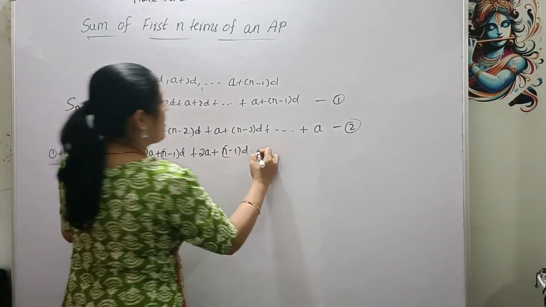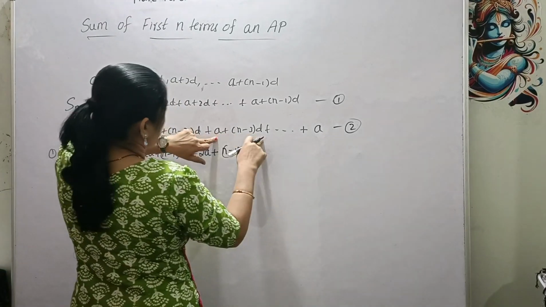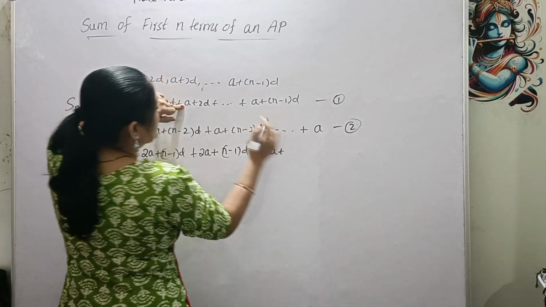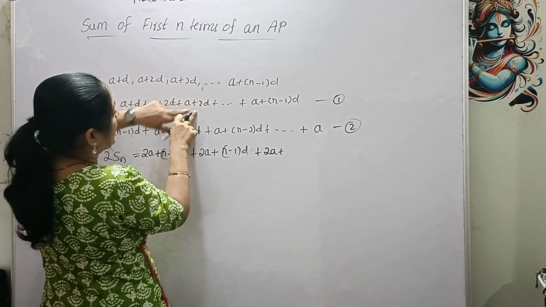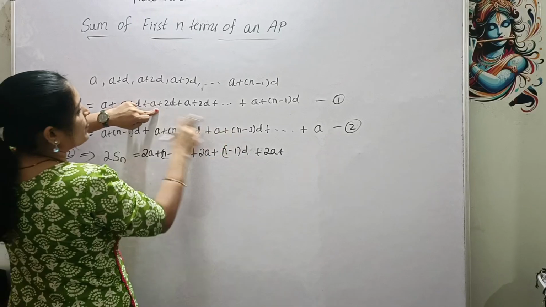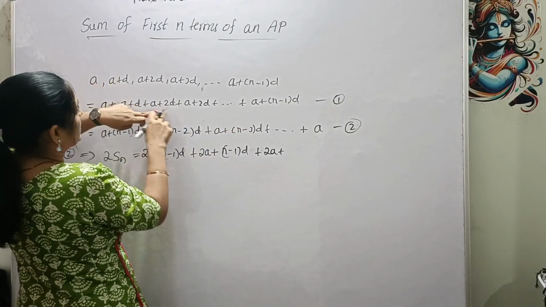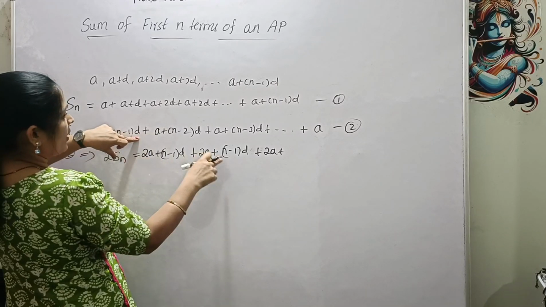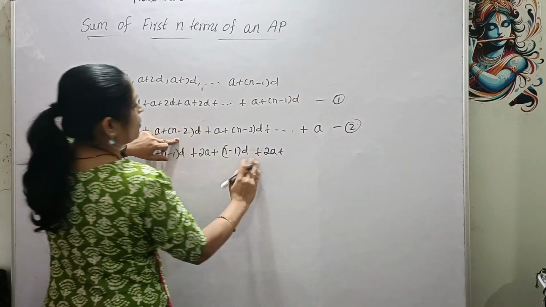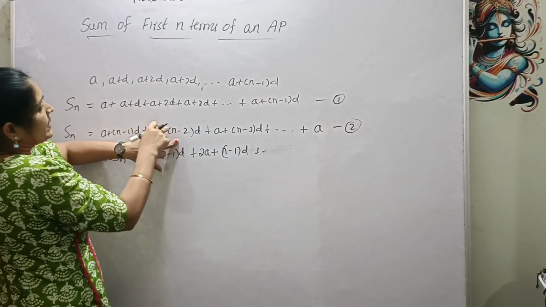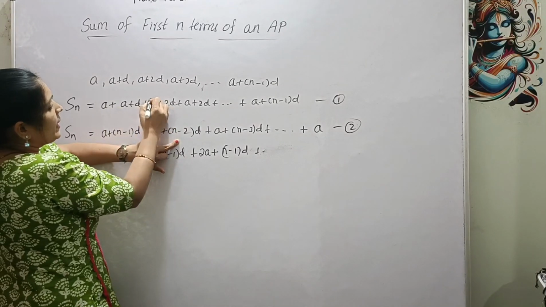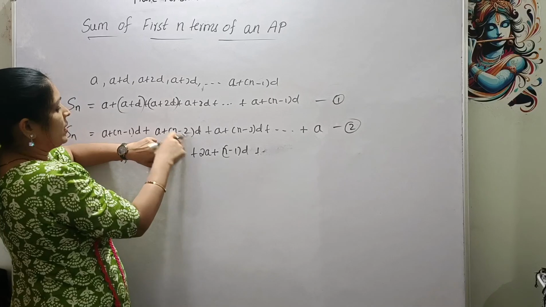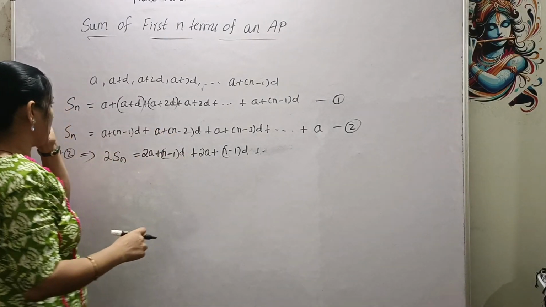Okay, so here, adding these two, a plus a is 2a, and we add the second term and the third term. The first term, the second term, and the third term is a plus 2d.